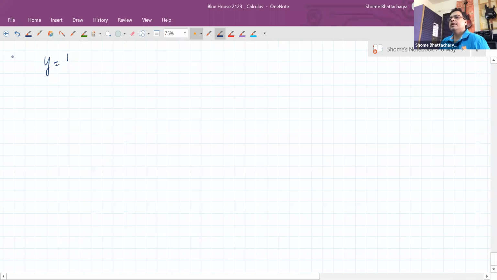Y is equal to 1 by x. Now in this, one important thing is that at x equal to 0, what can we say about y? Undefined. Yes, very good. Y is undefined. Okay.